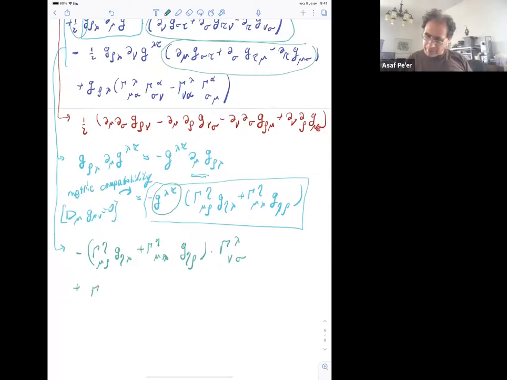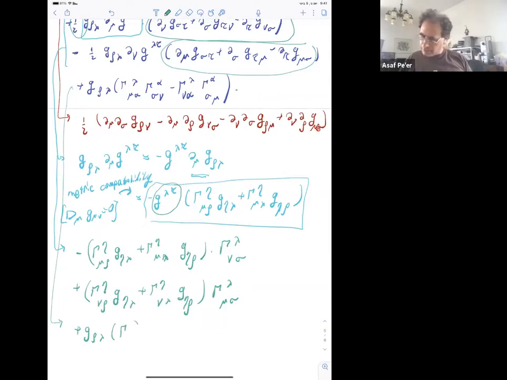So plus gamma eta mu rho g eta lambda plus gamma eta mu lambda g eta rho gamma lambda mu sigma. And then I'm just copying the last line. So plus g rho lambda gamma lambda mu alpha gamma alpha sigma mu minus gamma lambda mu alpha gamma alpha sigma mu.